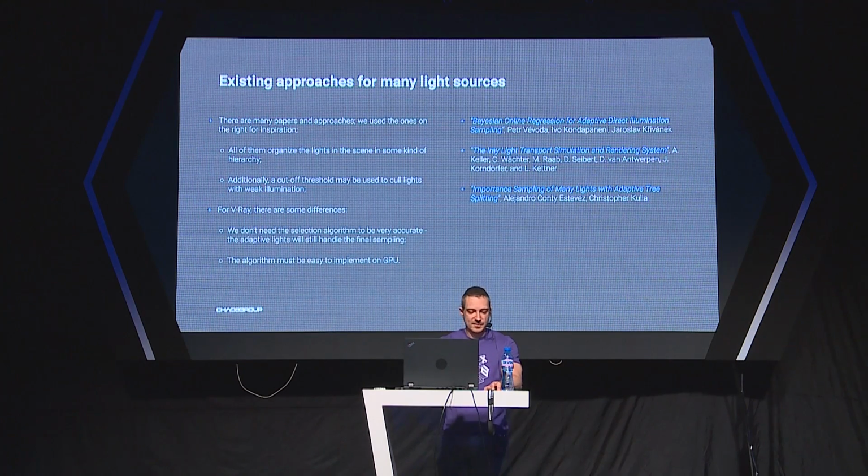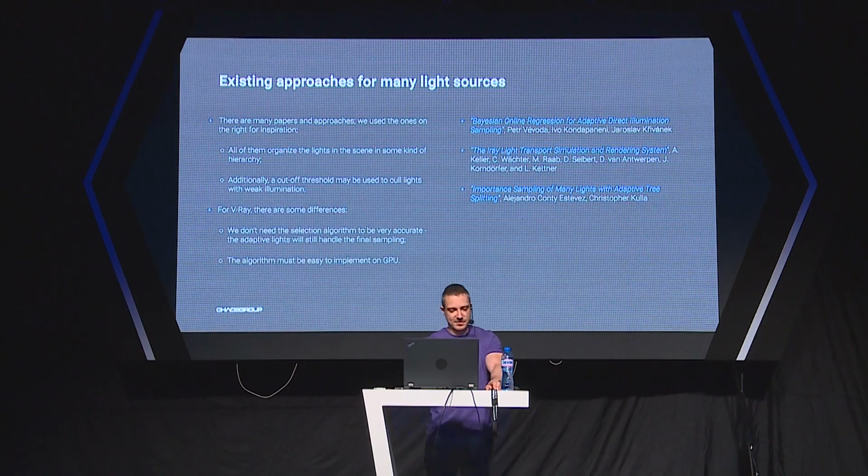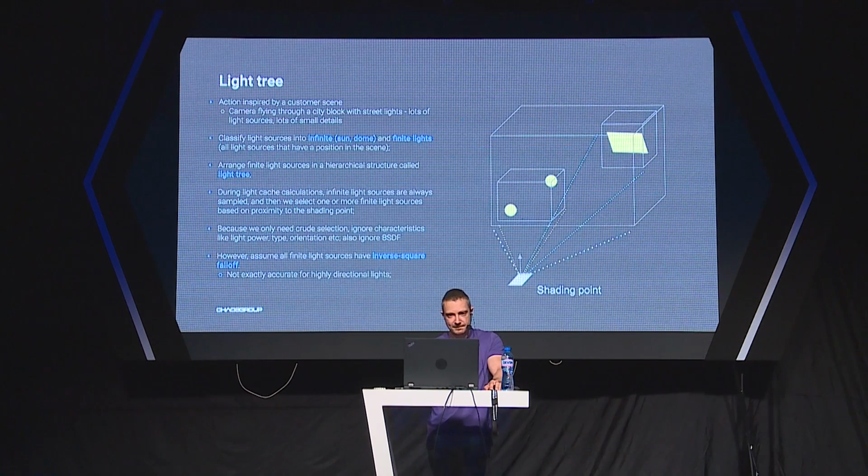It just needed to be a little bit more intelligent about figuring out which light sources to evaluate. And a large part of these papers deals with making the estimates for the various light sources as precise as possible, but we didn't really need that. And also, because we want this to be usable in V-Ray GPU, the algorithm had to be easy enough to allow us to do that.